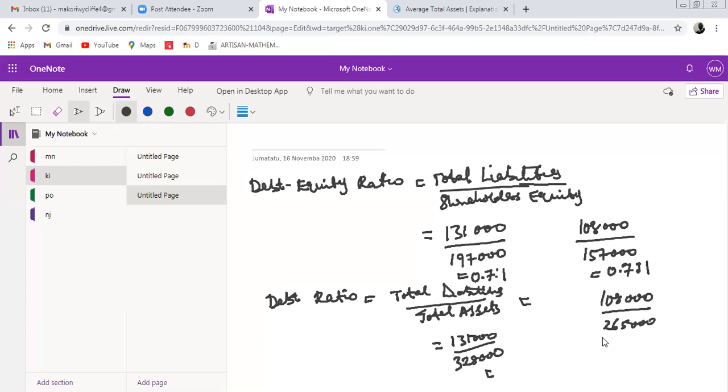I want us to go to the next category, which is on the efficiency ratios.